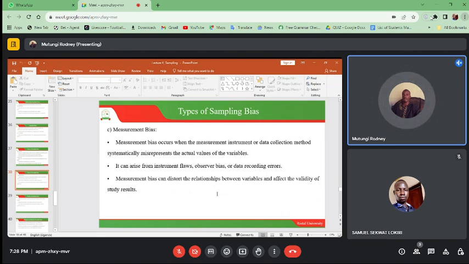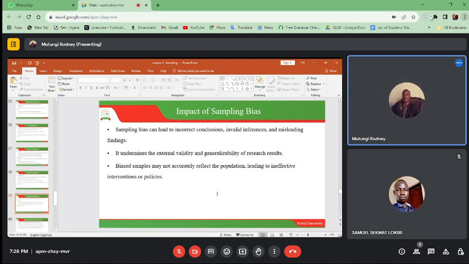And sometimes there could be instrument flaws. Okay, you could be having a recording device that, instead of recording the focus group discussion as it took place, records part of it and leaves out the other. So you might miss out on that information that is very crucial. Okay, so that can also lead to a sampling bias in this case.